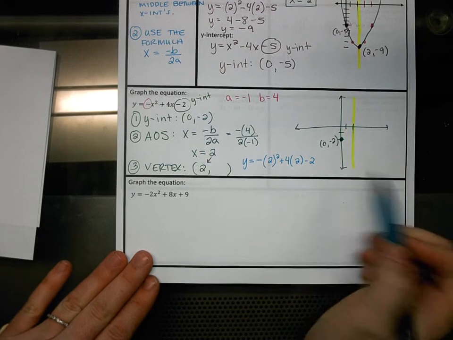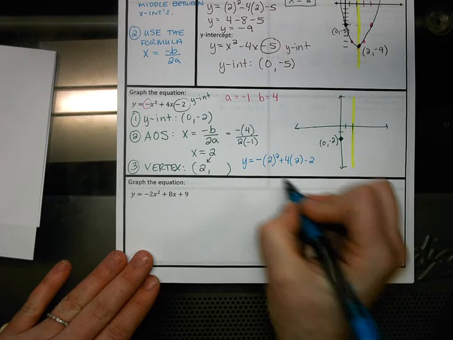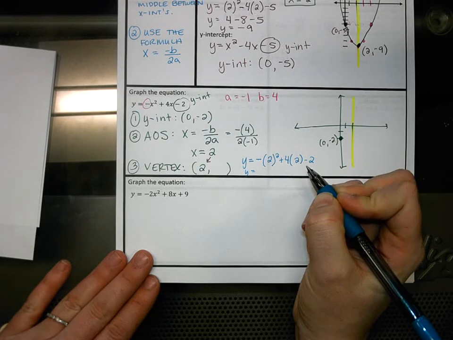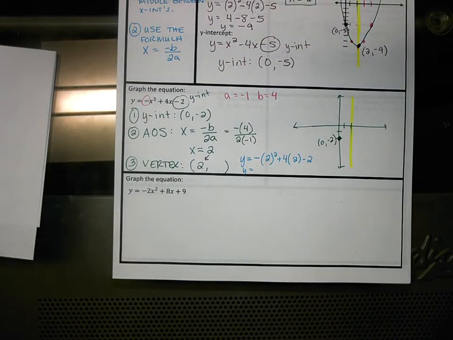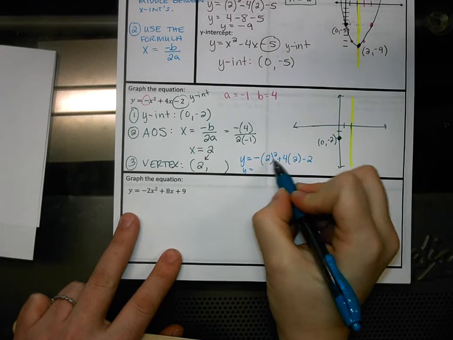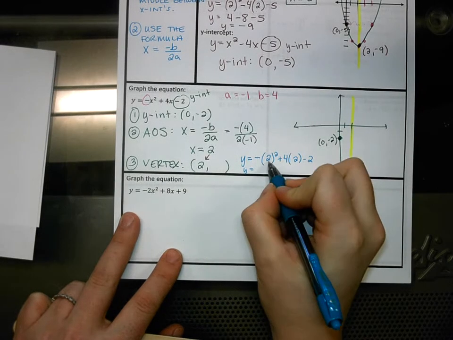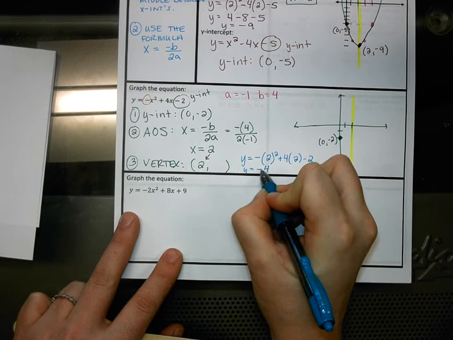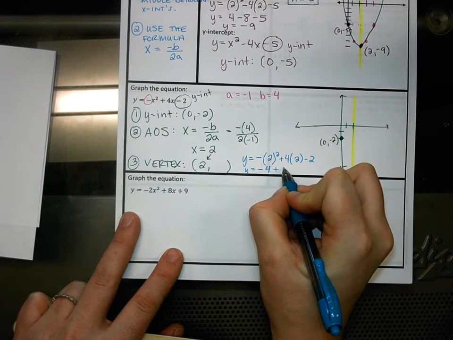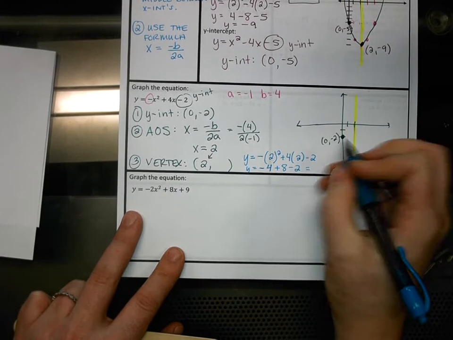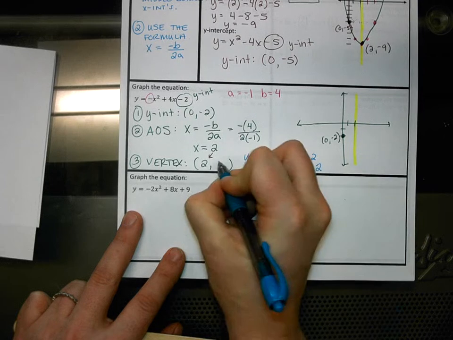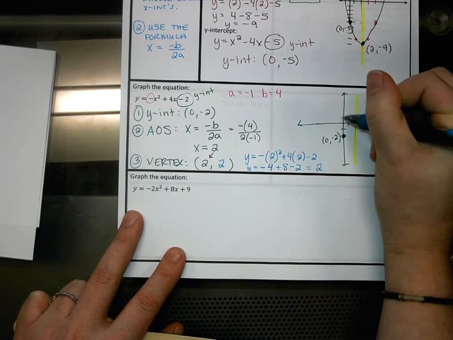What do I do first? Okay. Parentheses, there's nothing inside to simplify. Exponents, 2 squared is 4, so I get negative 4. 4 times 2 is 8, minus 2. So that's going to give me 4 minus 2, which is 2. So my vertex is over 2, up 2.